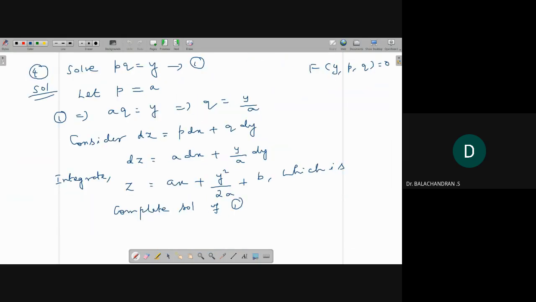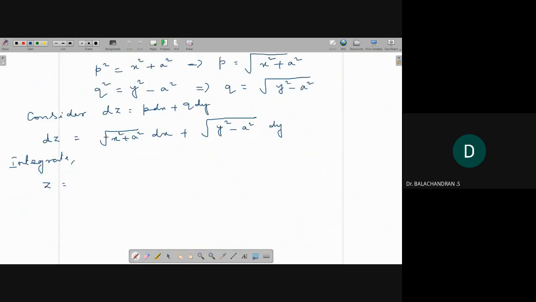So using that formula, you can write x by 2 into root of x square plus a square plus a square by 2 into sine h inverse of x by a. So over first part, if you integrate this.